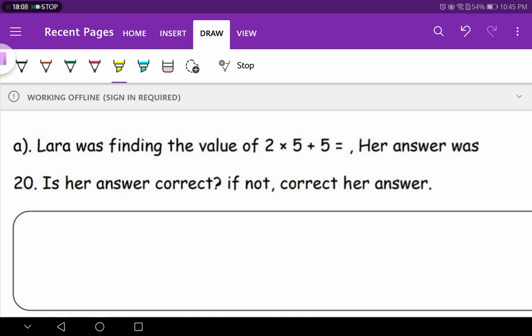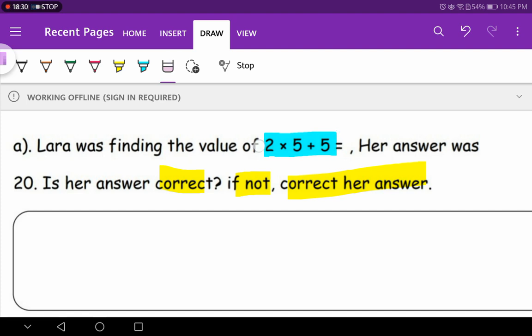Just try to understand. Lara was finding the value of 2 multiply 5 plus 5. She claimed it is 20. She asked me, is her answer correct or not? Correct her answer. So directly you go to this statement and you apply the rule.